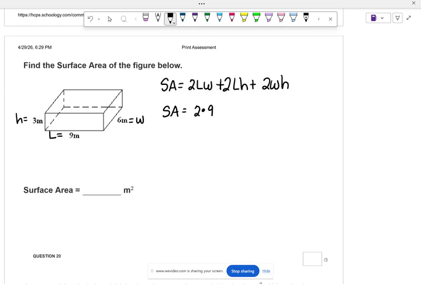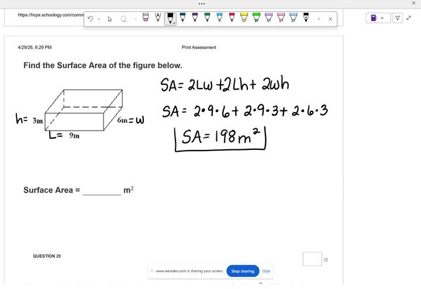All right, length is 9, width is 6, height is 3. So go type all of that into Desmos, and you should get for number 19 that the surface area is equal to 198. Everything was measured in meters, so this would be meters squared.